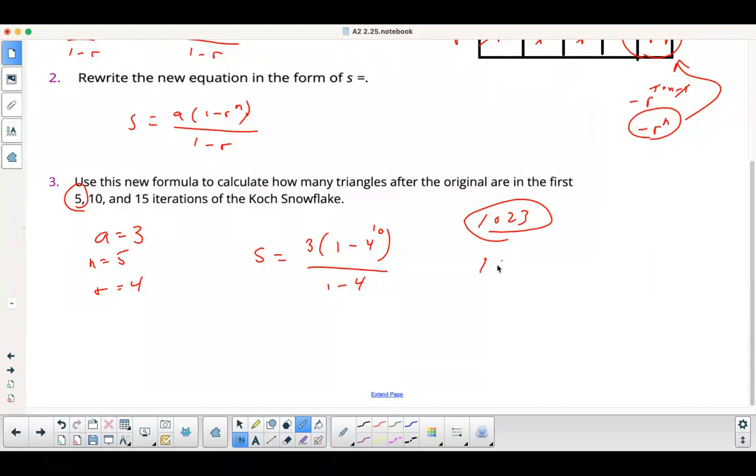I get 1,048,575. And then the last one, same thing, just change it to a 15. And it starts to get pretty big.